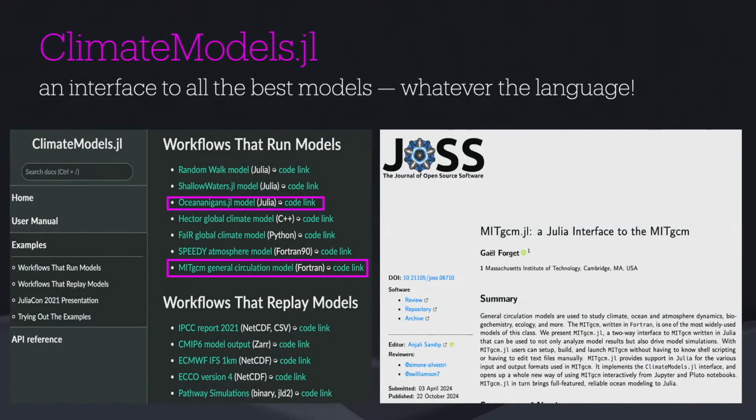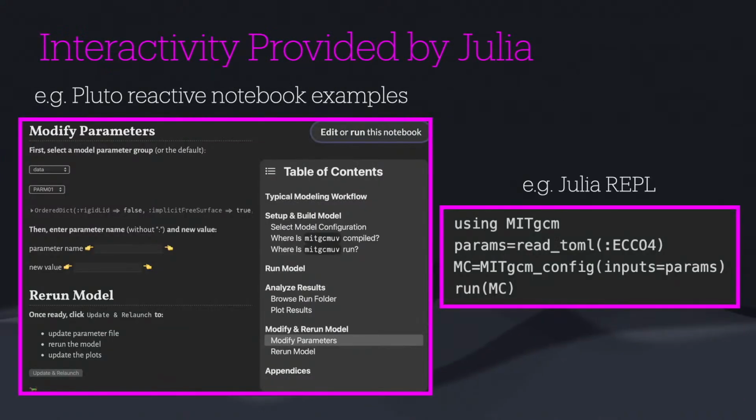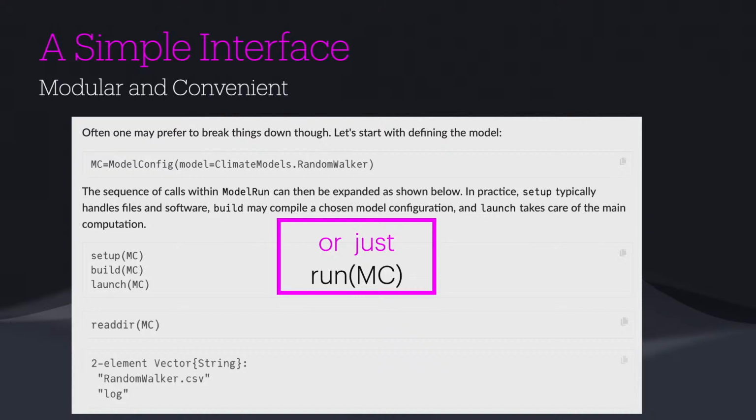I've already shown this. ClimateModels.jl is a general interface that's really using files as a beginning point and an end point. It integrates various models that you can run that are somewhat light, MITgcm in particular through MITgcm.jl. I've already said this, there's interactivity coming from Julia. I wanted to illustrate a little bit what the interface is in practice.